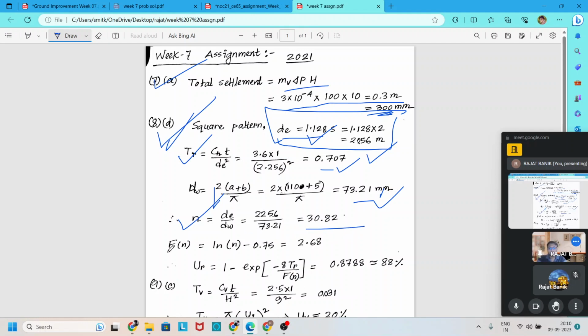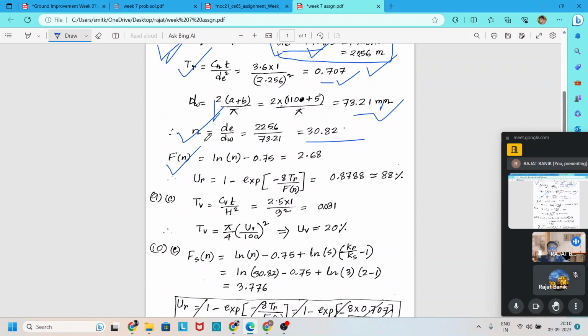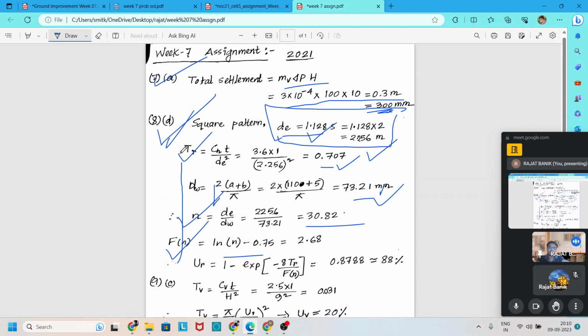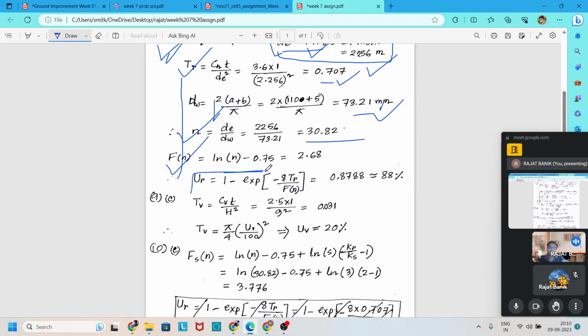After that we find out Fn. Fn is equal to ln n minus 0.75, and all the values found previously we use in this formula. You can see on our screen, 1 minus exponent e to the power minus 8 Tr divided by Fn.